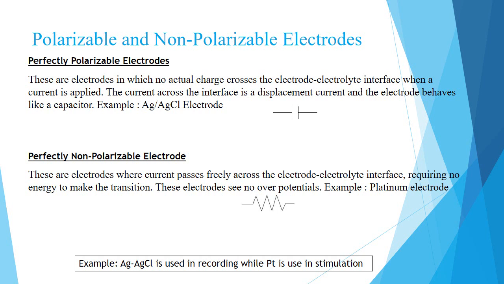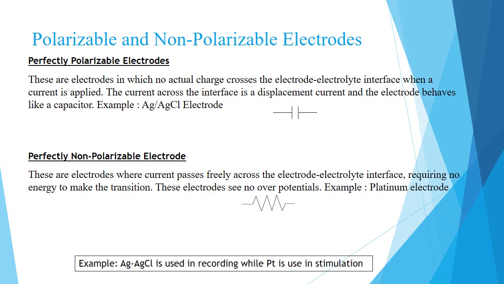Let us now see the perfectly polarizable electrodes and the perfectly non-polarizable electrodes. The electrodes in which no net transfer of charge occurs across the metal electrolyte interface are called perfectly polarizable electrodes, whereas the electrodes in which unhindered exchange of charge is possible across the metal electrolyte interface are called perfectly non-polarizable electrodes.